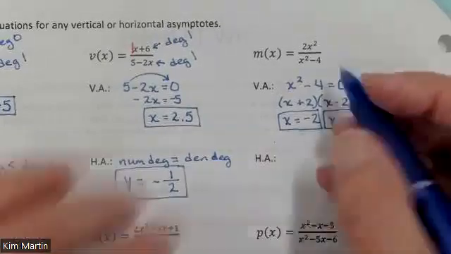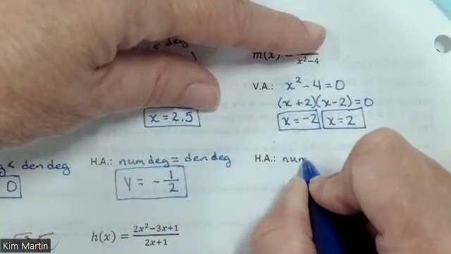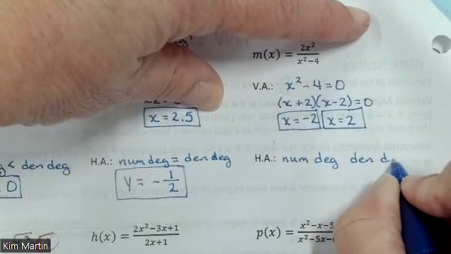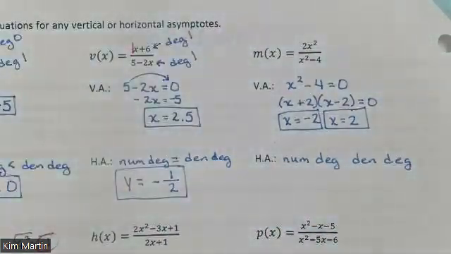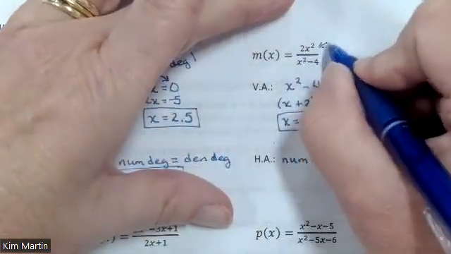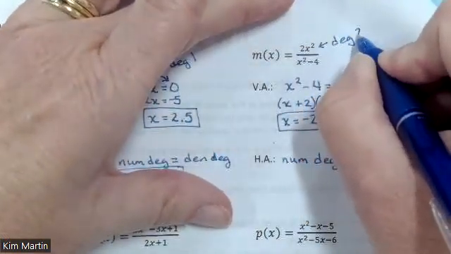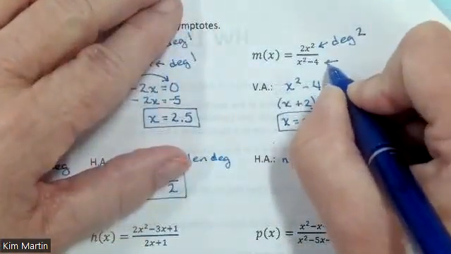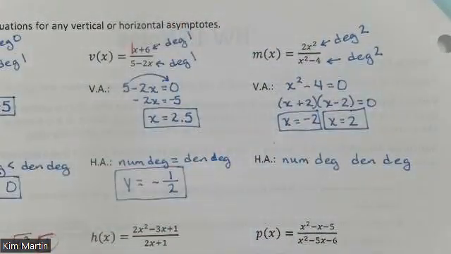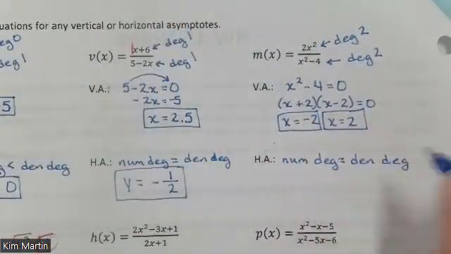Right here, let's compare our numerator degree with our denominator degree. Now again, none of this is hard, but when you go to work on it at home, you may not work on it right away and you'll forget. And then you take these out. So our numerator degree here is 2. And here it's 2. So these are equal.